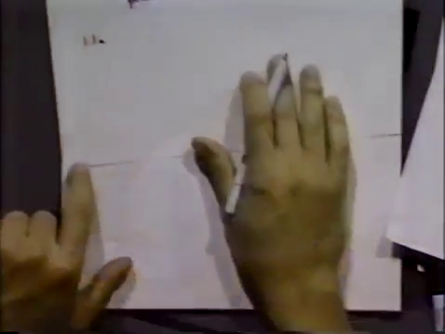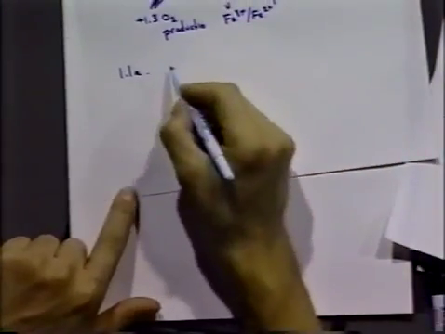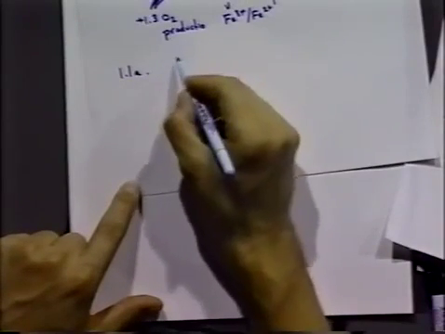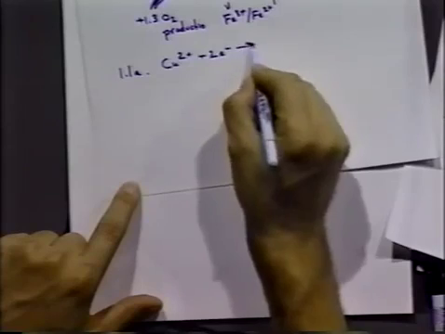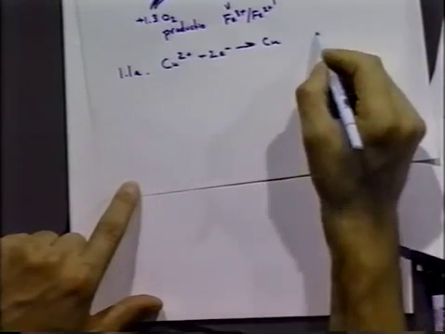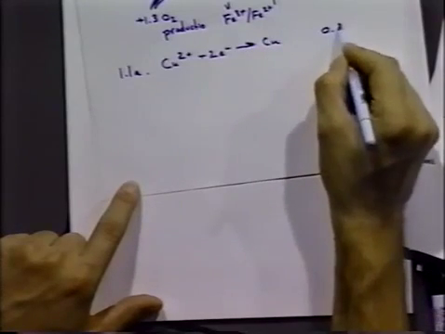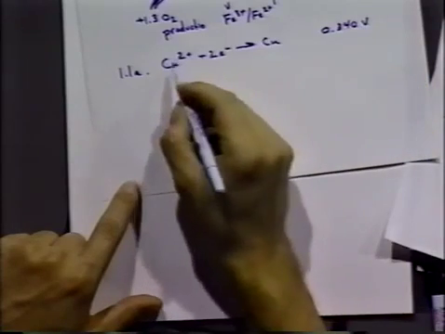For 1.1a, you can write down all the chemical equations for electrochemical processes that can occur. For example, copper 2+ plus 2 electrons goes to copper metal, and that's 0.34 volts.